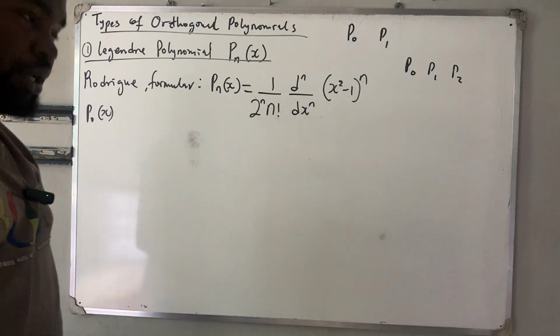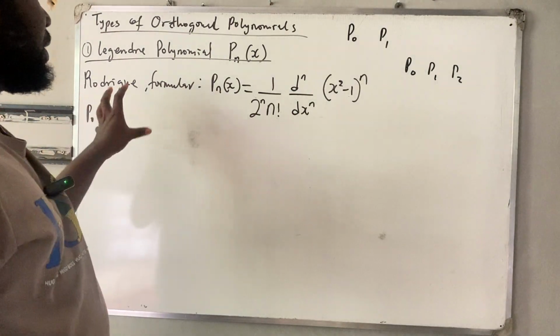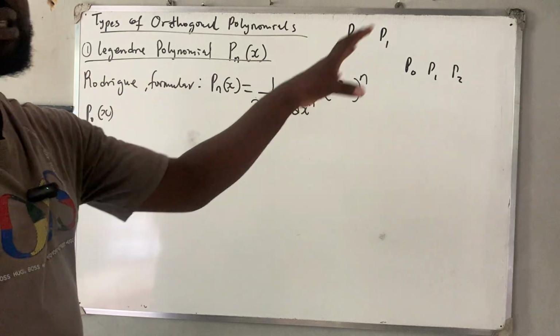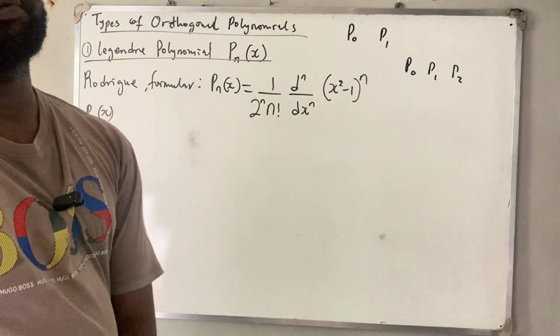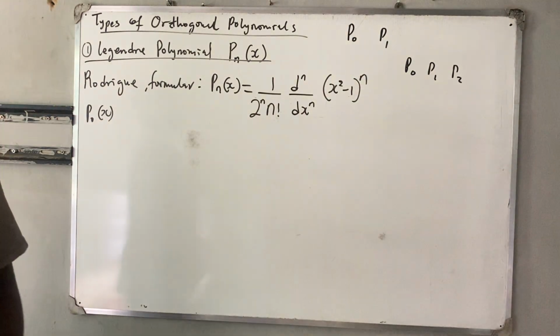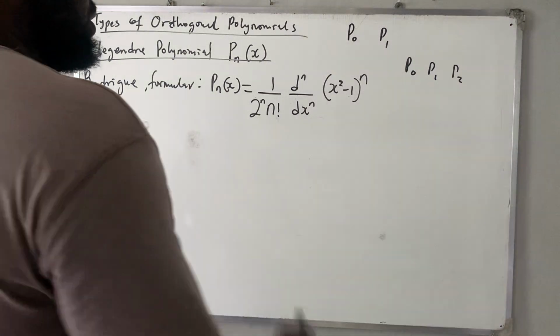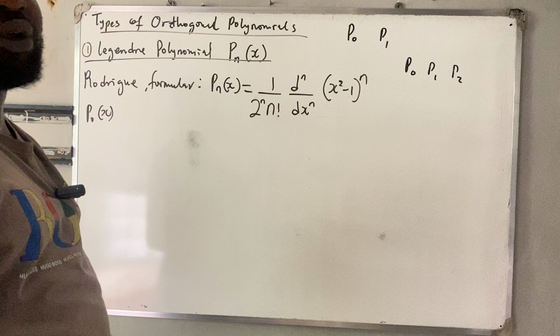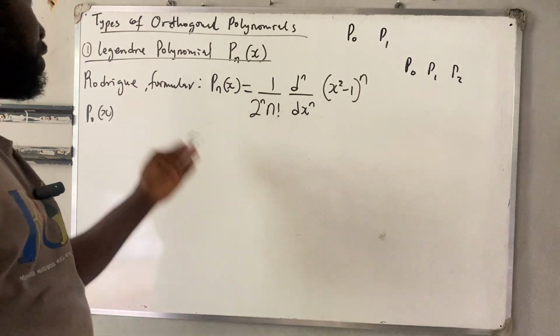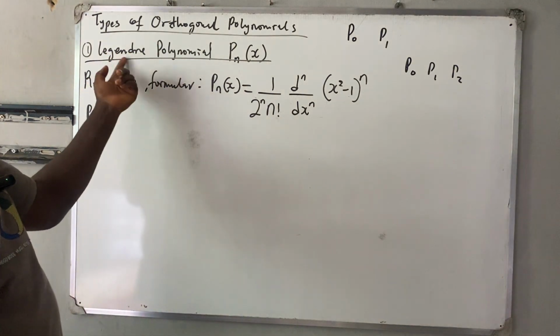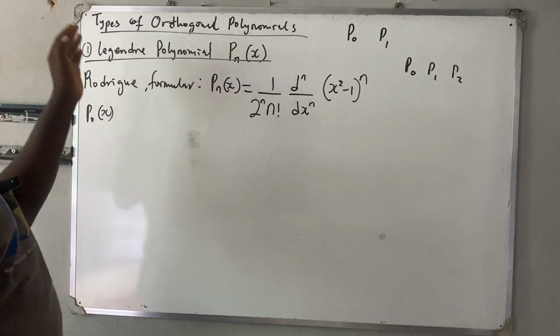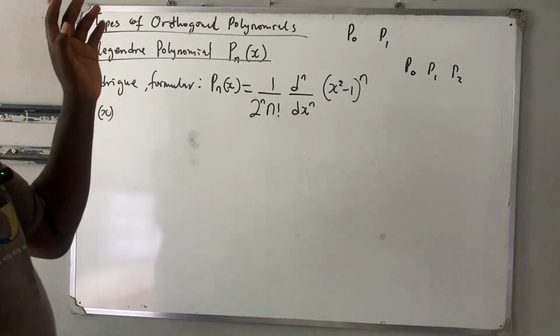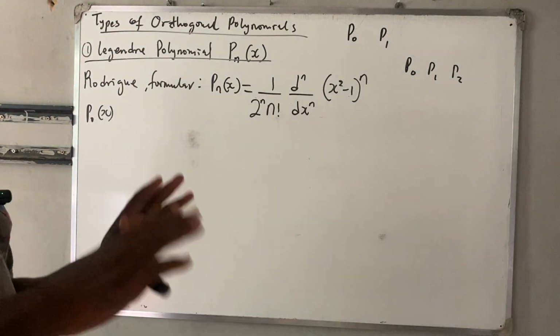That's why I told you when I wrote that expansion that all those are constant. They don't change. Once you know it, you know it, according to the particular one you're talking about, whether it is Legendre polynomial or Chebyshev polynomial and the rest of them.